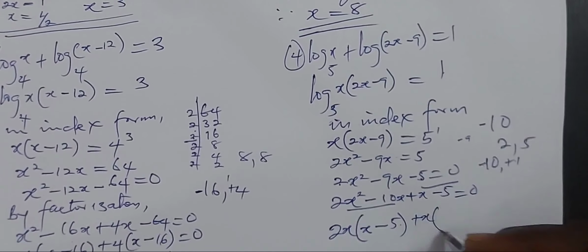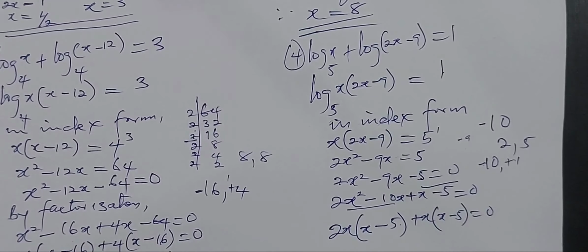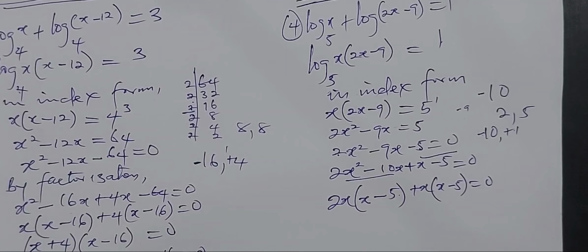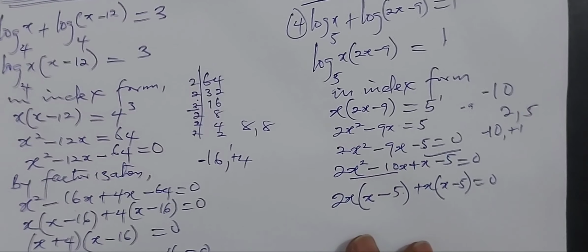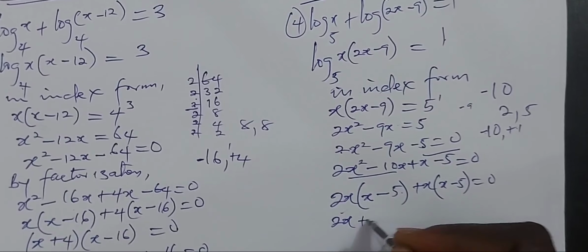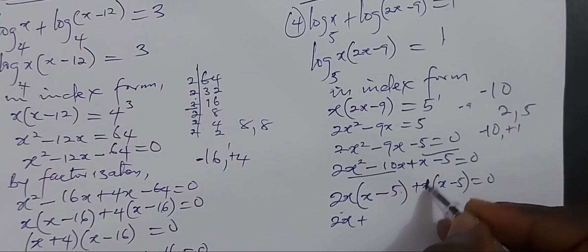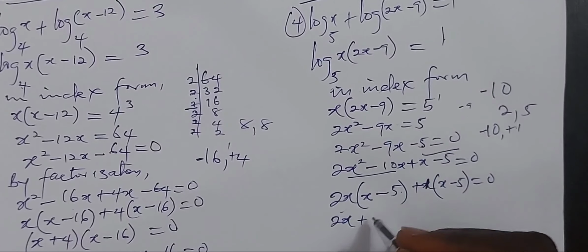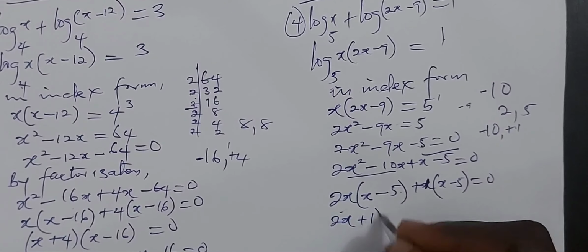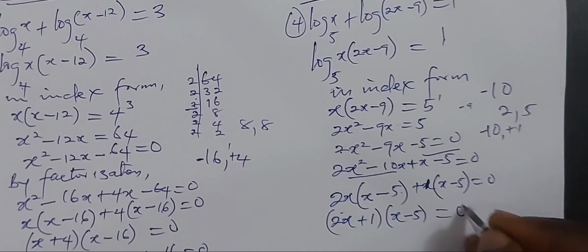Plus x minus 5 equals 0. Okay, so let's bring out our solution. Here is plus 1, not x. Plus 1 into x minus 5 equals 0.